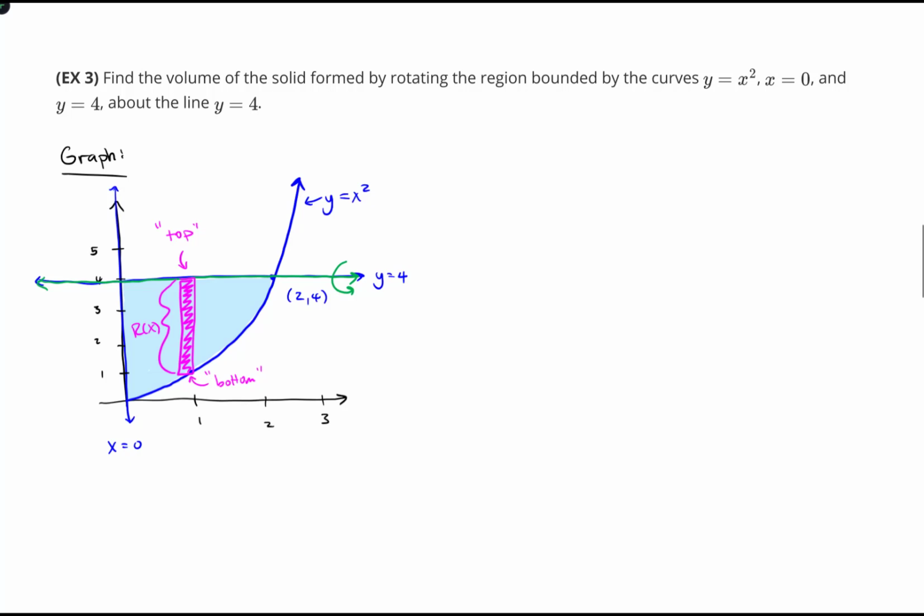So with respect to the axis we're rotating around, this point on the bottom of the rectangle is actually the furthest point away from the axis. And the point that's furthest away is sort of like the top value when we're subtracting to find a vertical distance, for instance. So the bottom part of this rectangle is always defined by the function y equals x squared. The top is always defined by the function y equals 4.